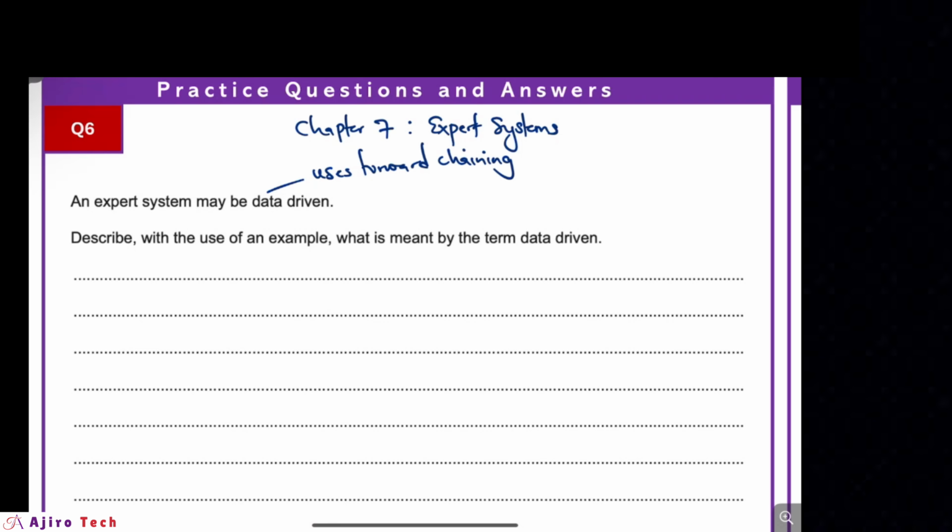Okay. So this simply means that the data entered determines which rules are examined.